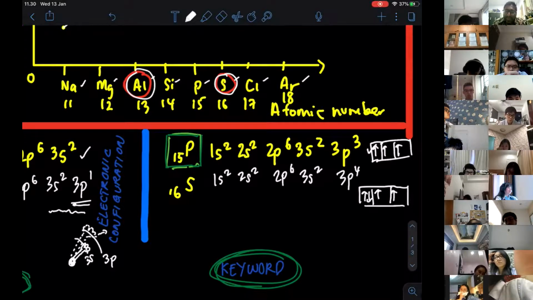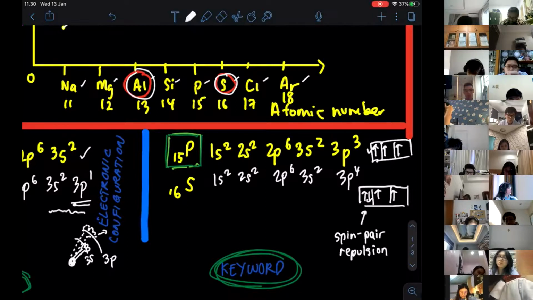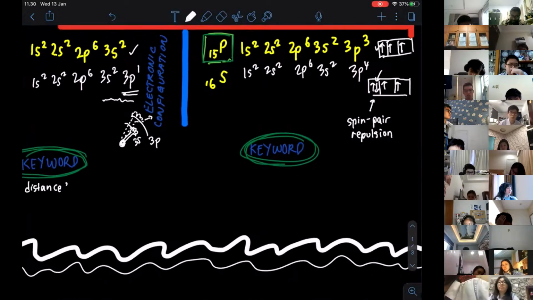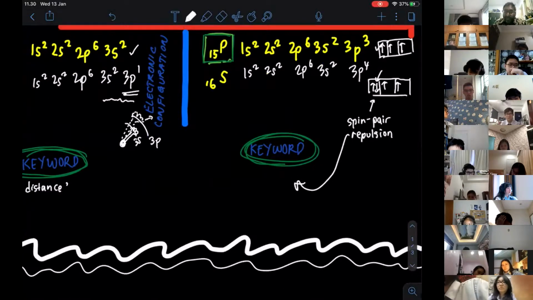This paired electron will create what we call a spin pair repulsion. This spin pair repulsion is going to be great, so it will make the electron over here easily removed, and the energy to remove that electron is going to be less. So the keyword over here is the spin pair repulsion.